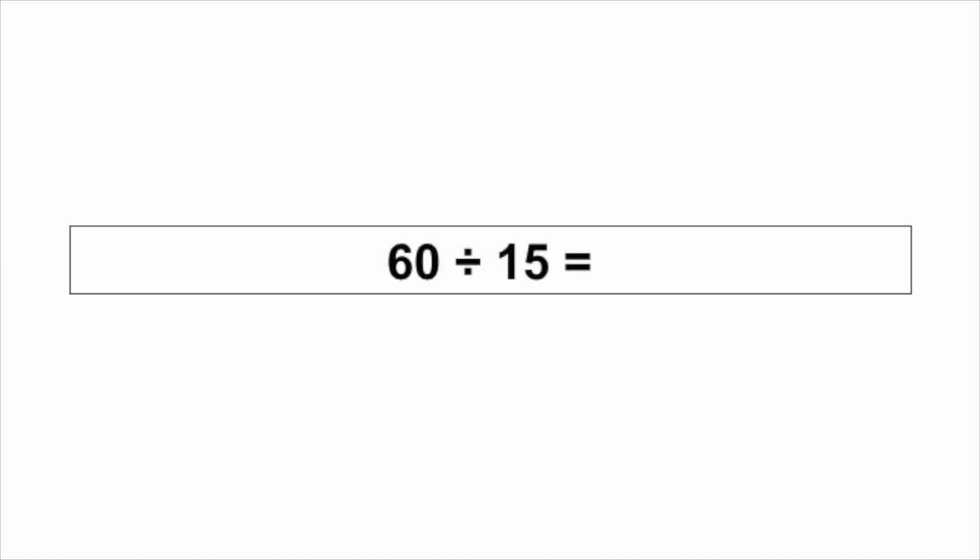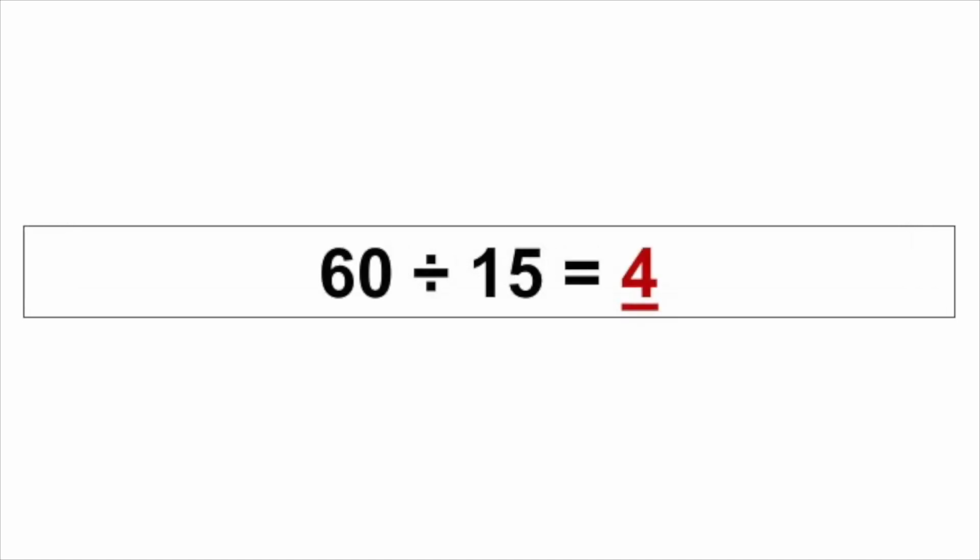How about 60 divided by 15? We've got 60 seconds, and then we need to make 15 bottles. So what's 60 divided by 15? 4. Excellent. So therefore, 60 divided by 15 equals 4.